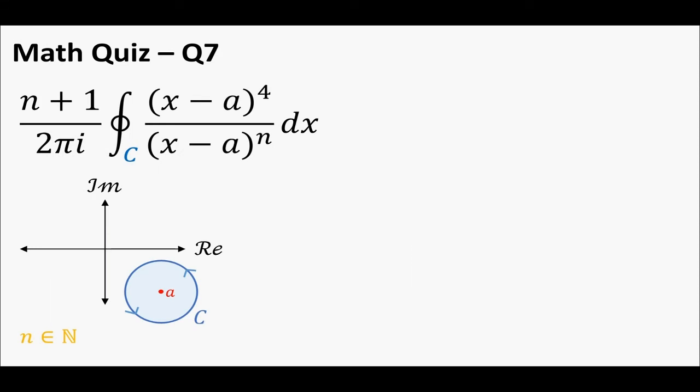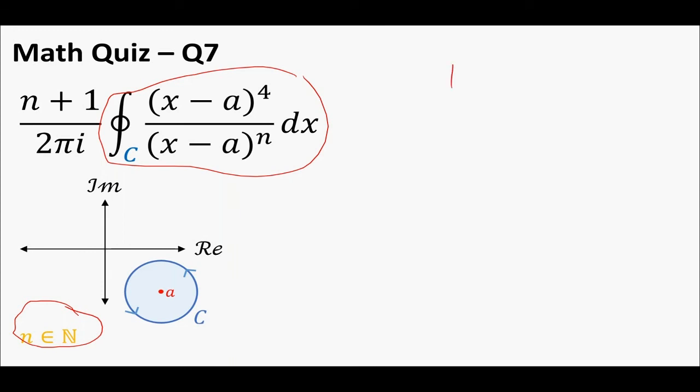Okay, number 7. This is a big one. So it looks like we have another shifted graph, and let's just focus on this integral again. And n could be any natural number, as we can see down here. So what's the answer? Well, for most natural numbers, it will be 0 because you're not left with the fraction 1 over x minus a.